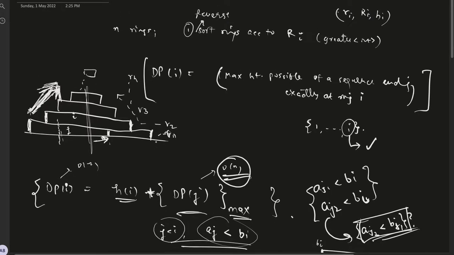So let's define a DP. First of all, let's sort all the rings according to capital Ri, that is the outer radius.